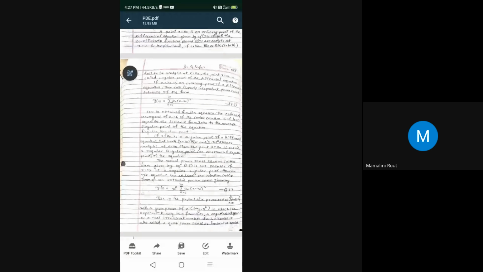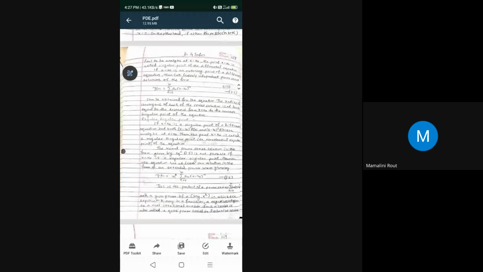But if you multiply p(x) with x minus x0 and multiply q(x) with (x minus x0) square, and then these two terms are analytic, then it is called regular singular point or non-essential singular point of the equation. That means by multiplying a factor, you can make the function in such a form that you can have the solution like an ordinary point.